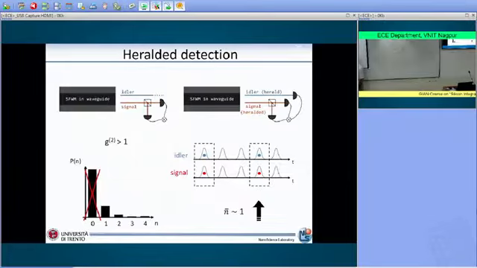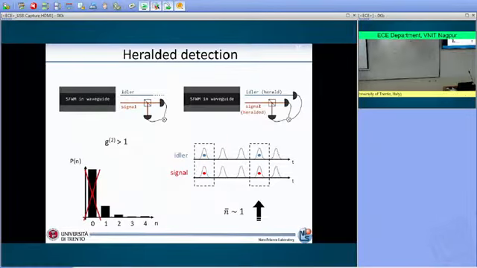So that means that in my measurement, I'm removing all the vacuum states, all the states where I do not have any photons. So now the average probability to measure a photon in the state is equal to 1, because I'm heralding the presence of that photon.